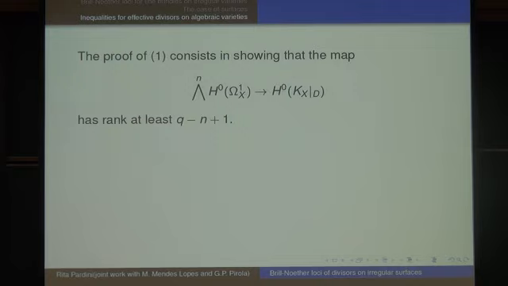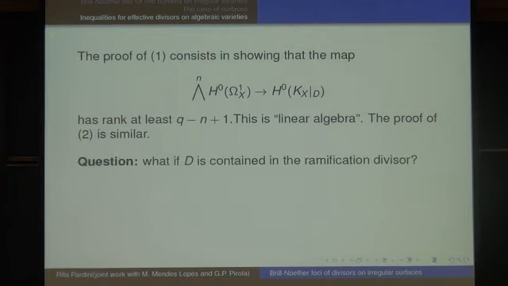We look at a subspace, which are the global n-forms that are obtained by wedging global 1-forms, and then one can prove that the rank of this is at least Q minus n plus 1. And as I put it, this is linear algebra, not the kind of linear algebra you teach in first year, but still somehow it is linear algebra. This has nothing to do yet with Brill-Noether loci. And then the proof of 2 is similar.